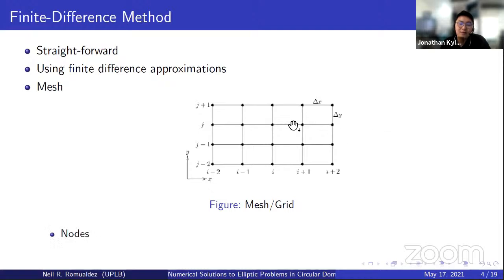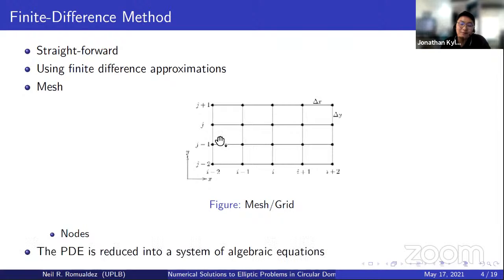And each node you can imagine is an equation. So say this rectangular domain is modeled by a PDE. To approximate that solution, we turn that PDE into this system of algebraic equations, which can be solved through matrix manipulation and through coding programs.